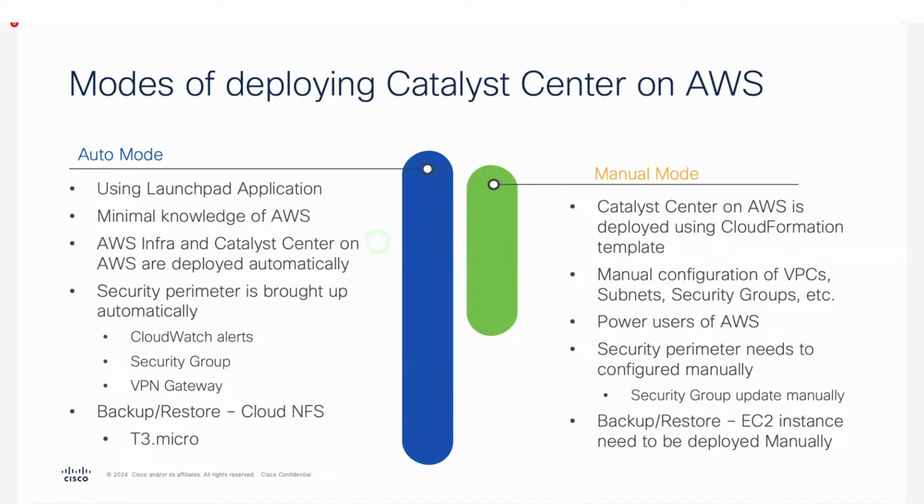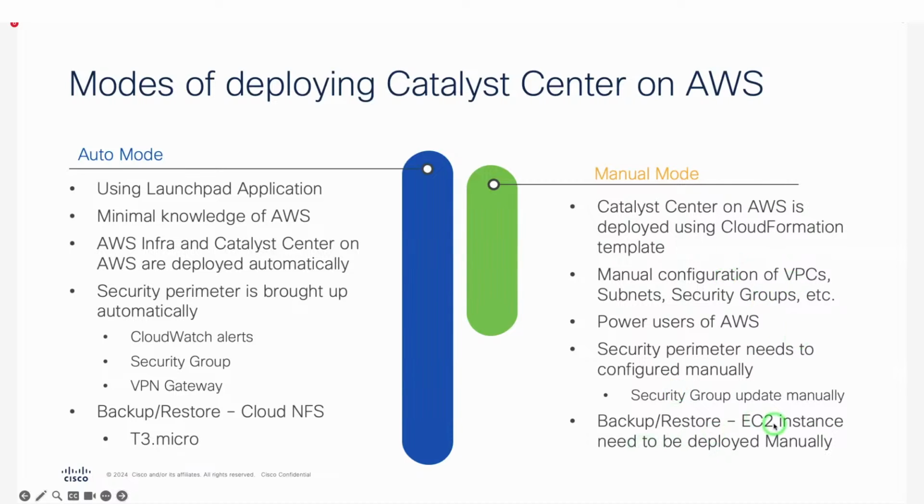We can review later the enhancements that we have made in the latest version, Launchpad 1.9. But again, if you are a power user of AWS and you need to do some specific configurations, mostly on the transit gateway to the EC2 instance that we will have in AWS, you will need to go this way.